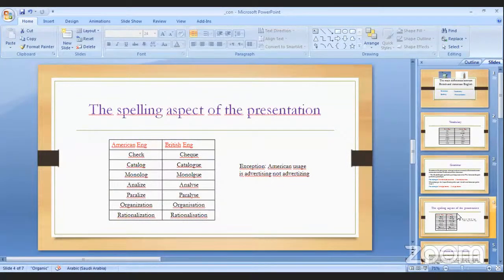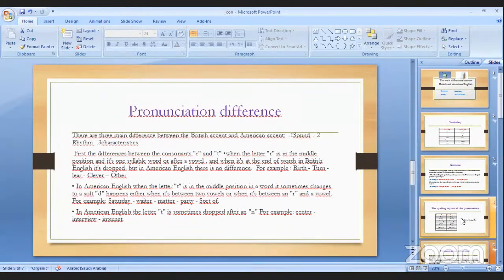In this slide, we can see how British English and American English have the same pronunciation but different spelling. For example, catalog: American English uses OG only, while British English uses GUE. Another example, analyze: British English uses it with S, American English uses it with a Z. And we have one exception.